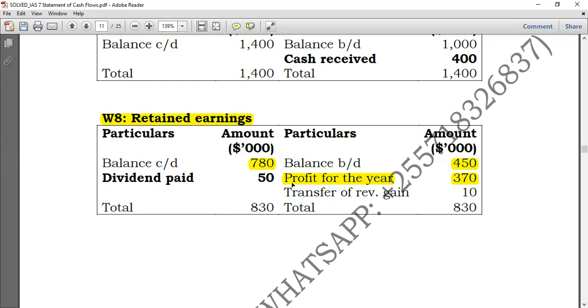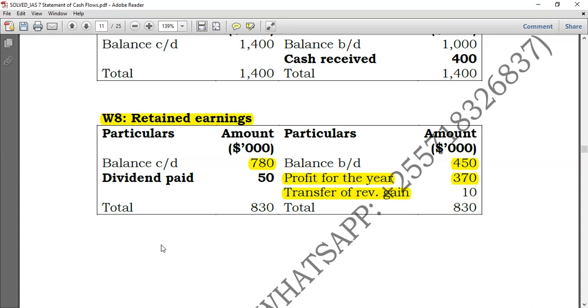In case of revaluation of assets, there is something called a revaluation gain transfer. We can transfer a revaluation from revaluation surplus to retained earnings. So in case it is there, you say transfer revaluation gain, it enters into the retained earnings account, and it reduces the revaluation surplus account. So if we find something like this, we'll do it.